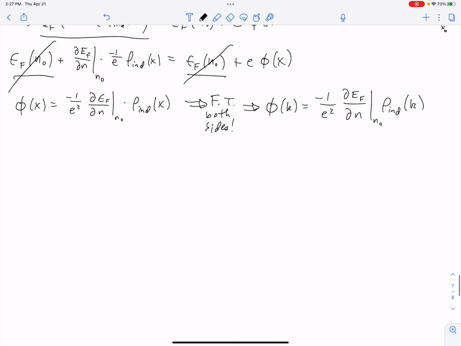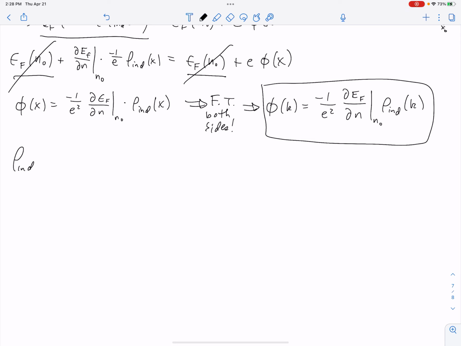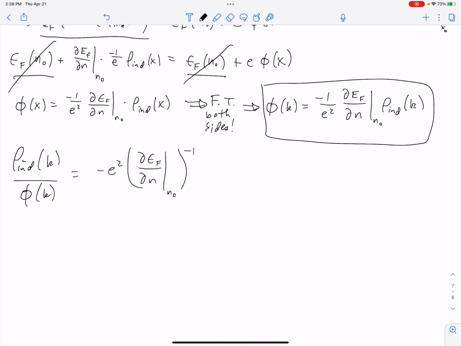Okay, well that's kind of cute, because from this equation, we get rho induced of k divided by phi of k is equal to negative e squared dE_F/dn evaluated at n naught to the negative 1, right?